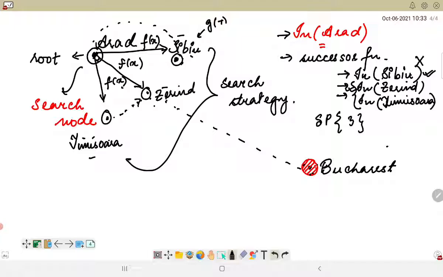Likewise, I can move from Sibiu to Bucharest directly, or from Sibiu via Zerind to Bucharest, or from Sibiu via Zerind via Timisoara to Bucharest. So likewise, your search tree can have multiple options to choose from. So the state space will definitely have 3, and the search tree will have multiple options, an infinite number of paths in this entire state space.